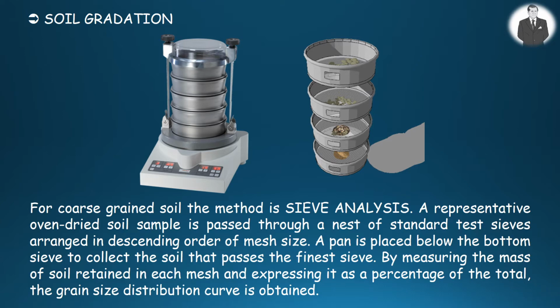A pan is placed below the bottom sieve to gather the soil passing the finest sieve. So, by measuring the mass of soil held in each mesh and expressing it as a percentage of the total, the grain size distribution curve of coarse-grained soil is obtained.